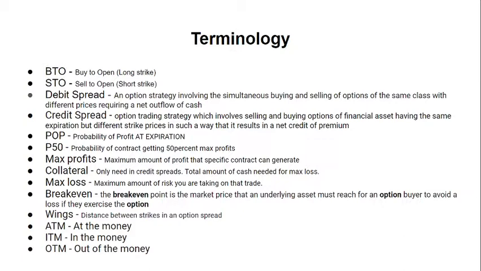That nets you a credit instead of having to pay for it. One of the things about spreads is they will hold collateral, which is the buying power reduction, but you don't actually pay it. The probability of profit is great.